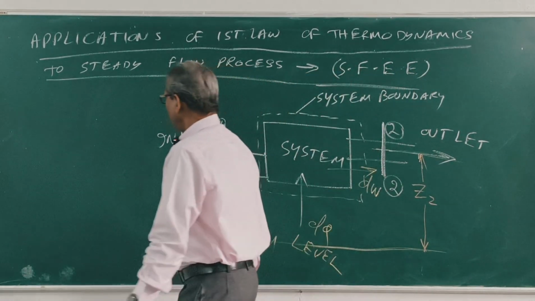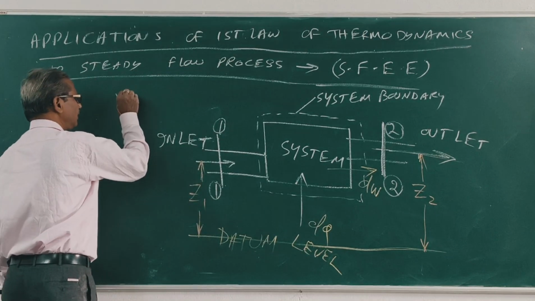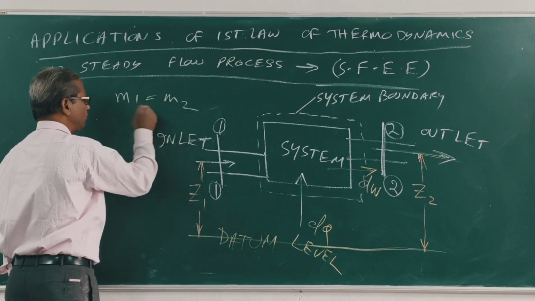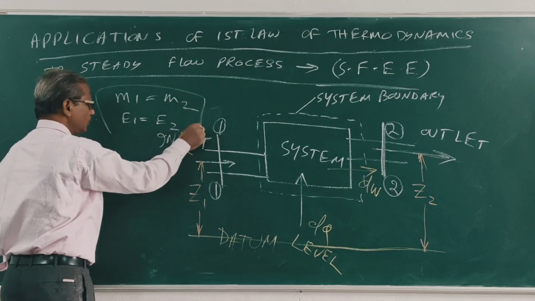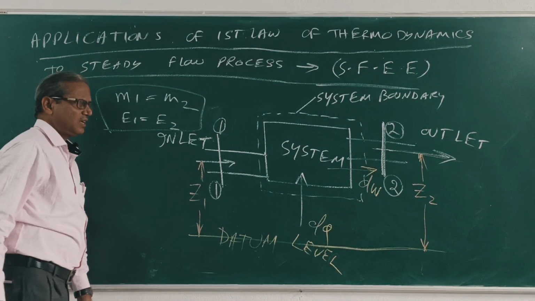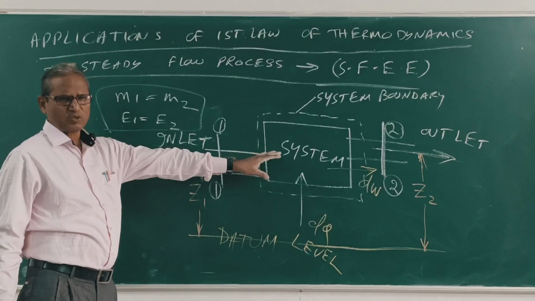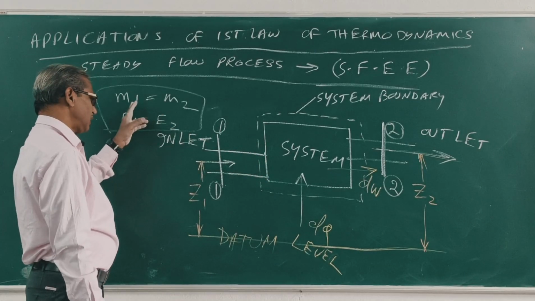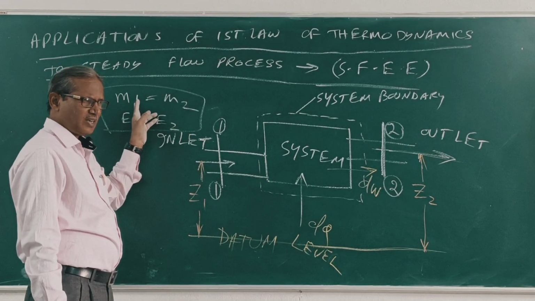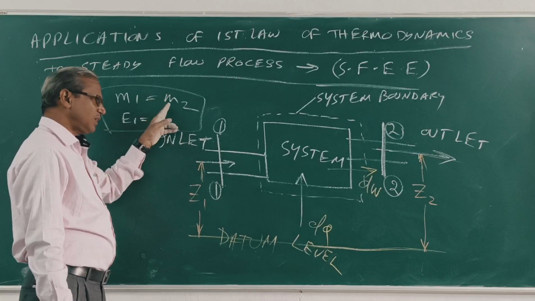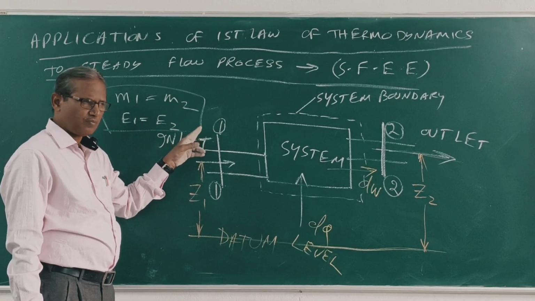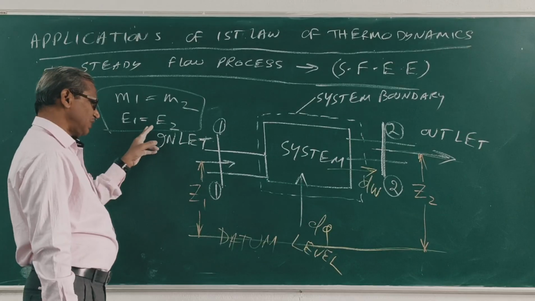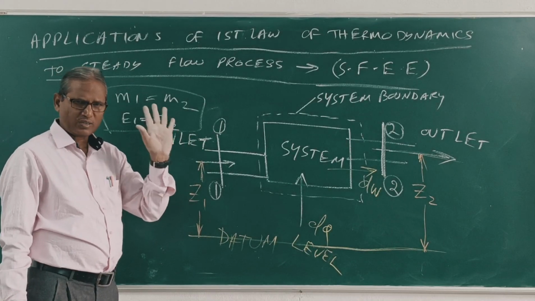Clear? These two conditions satisfy this equation. One condition, total mass flow rate entering the system is equal to total mass flow rate out of the system. Total energy at the inlet is equal to total energy at outlet. Right?